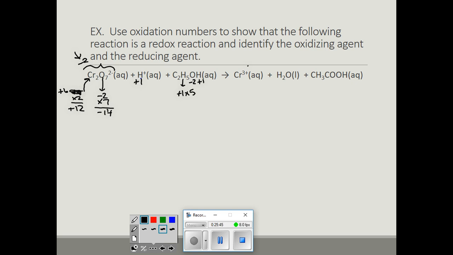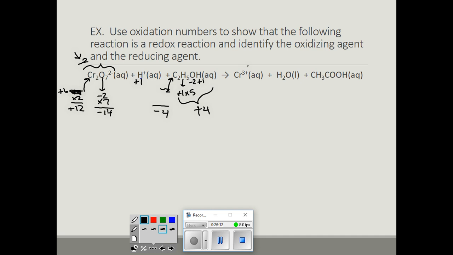So if I think about what that all adds up to, I have +5 and another one, so +6, -2. So overall, with all of those common numbers that I have +4. That means that those 2 carbons have to equal -4, so each of them has to be -2.